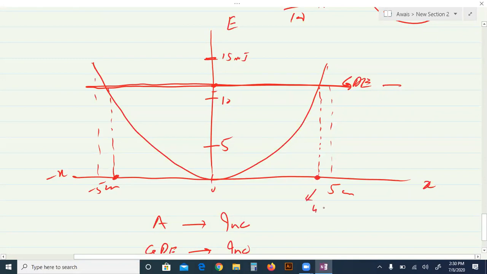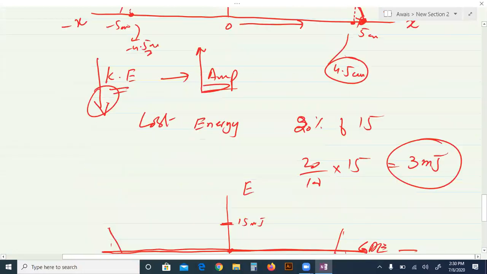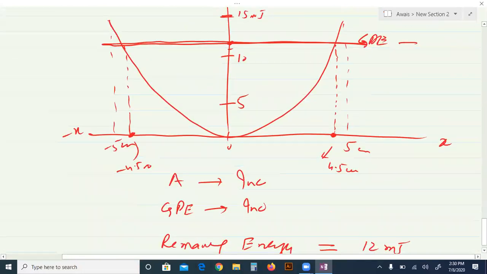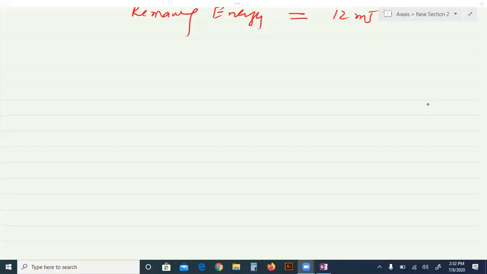So you will get the same 4.5 here and the minus 4.5 here. So if kinetic energy graph, lost energy line. If potential energy graph, then remaining energy line, then we will calculate the exact answer for the new amplitude.